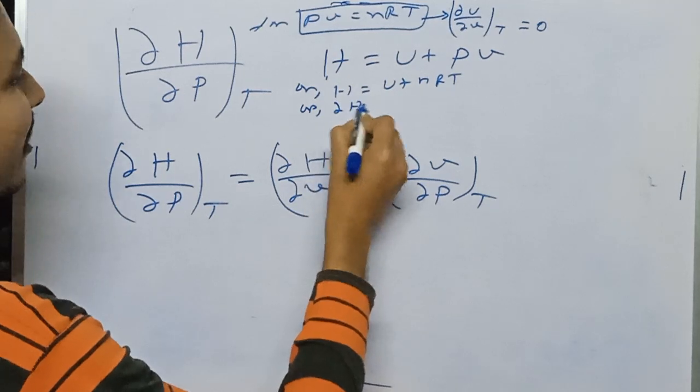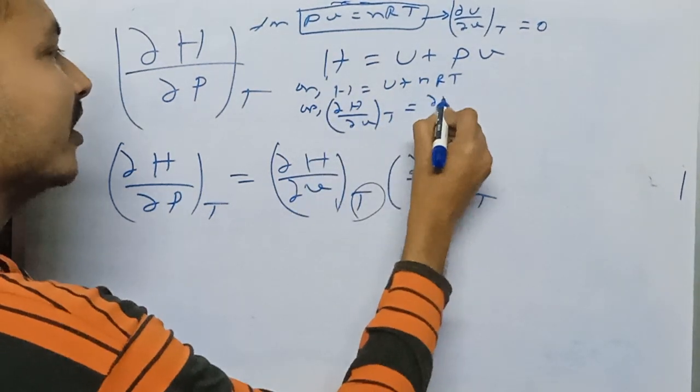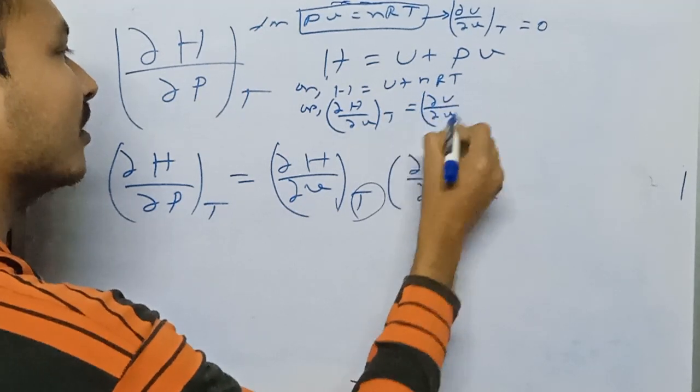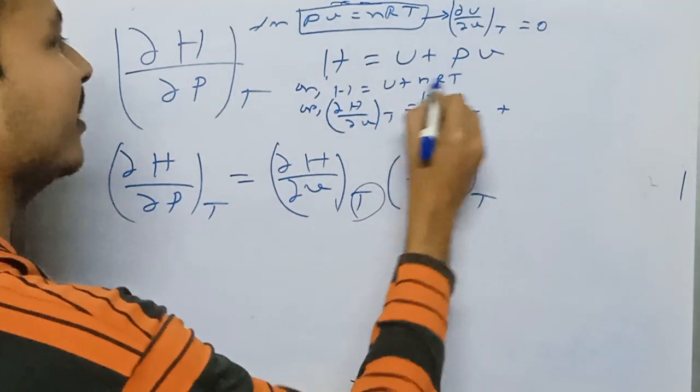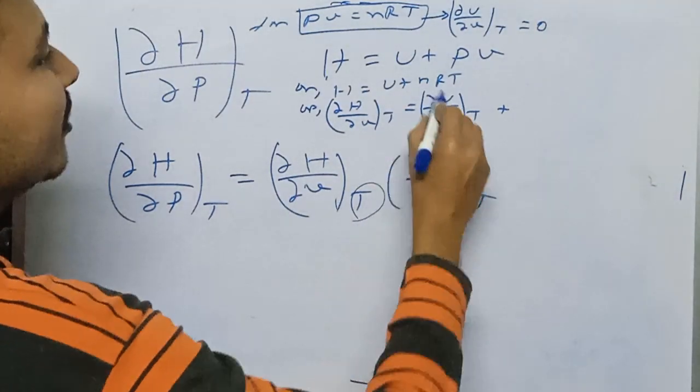So ∂H/∂V at constant T is equal to ∂U/∂V at constant T plus ∂(nRT)/∂V at constant T.